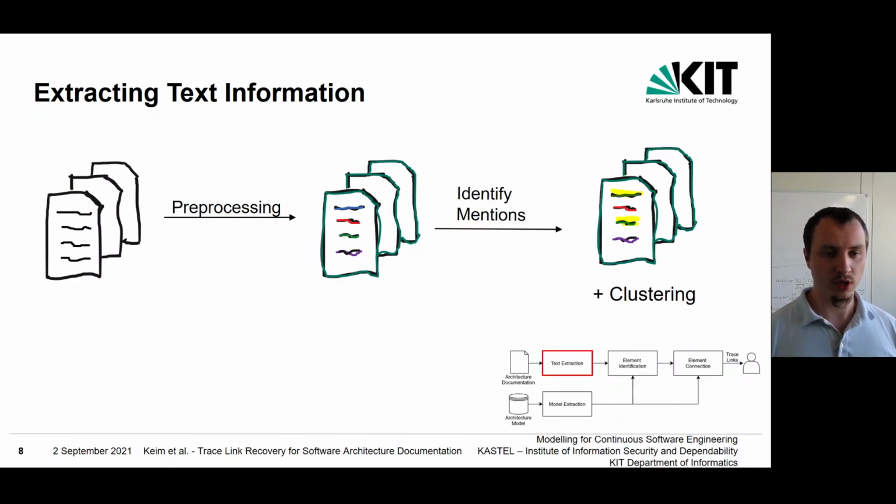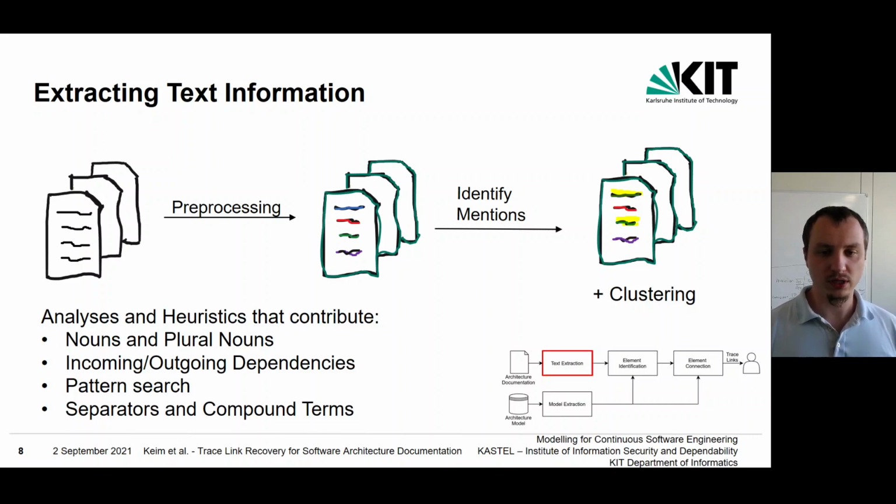For example, we look at nouns and whether they are in plural, incoming or outgoing dependencies, and so on. We also look for certain patterns, for example, articles that are followed by one or more nouns. We also look for compound terms and separators. All these contribute to the confidence that something is a mention, and whether it is a named type, a named element, or a type.